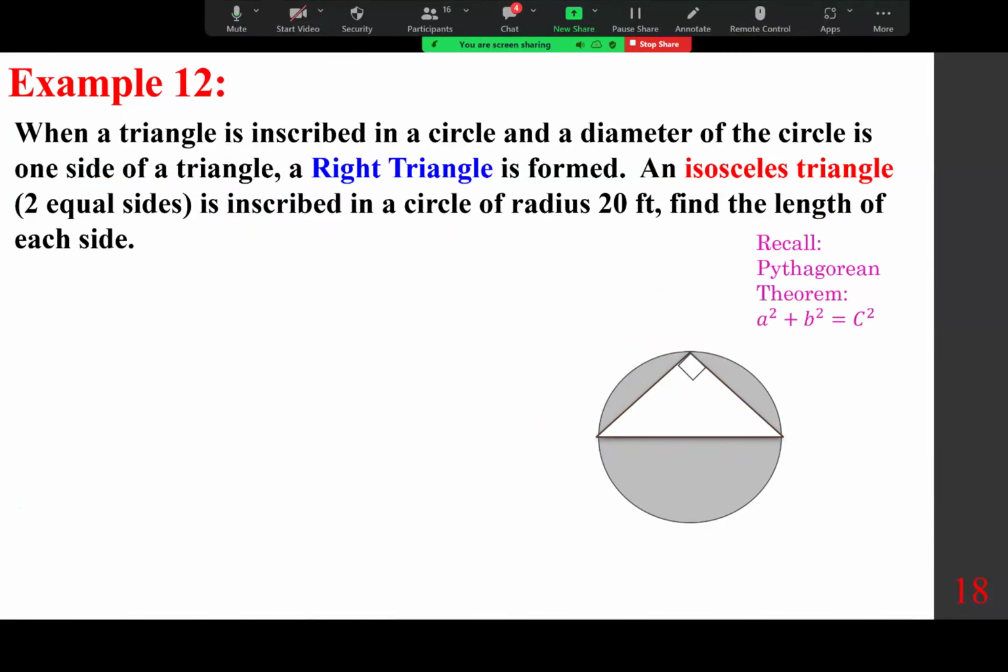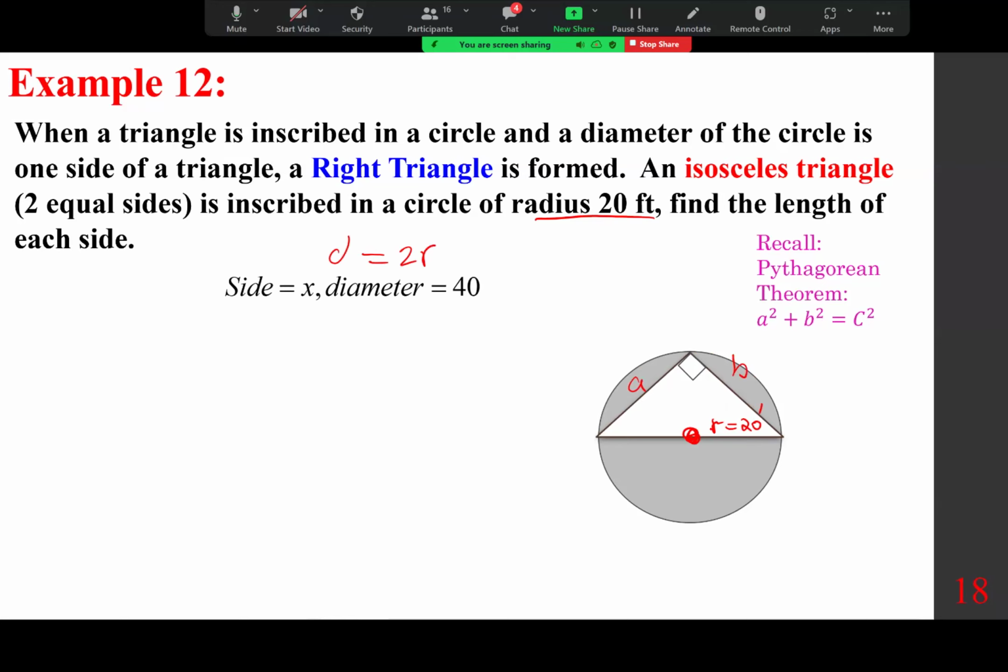So this says r is 20 feet. And so that means d must be 40, because d is 2 times r, okay? Now, as you know, according to the Pythagorean theorem, a squared plus b squared equals c squared.